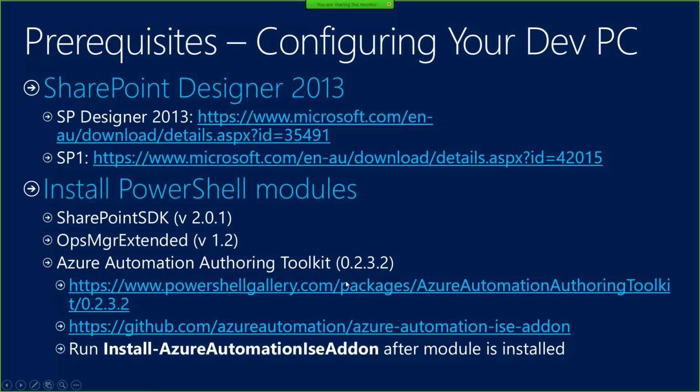Basically, this is an add-on to the PowerShell ISE which enables you to design, create, and attach to your Azure Automation runbooks from the PowerShell ISE. You can again download it from either GitHub or PowerShell Gallery, and once you install the module, just run the Install Azure Automation ISE add-on command to enable this plugin.